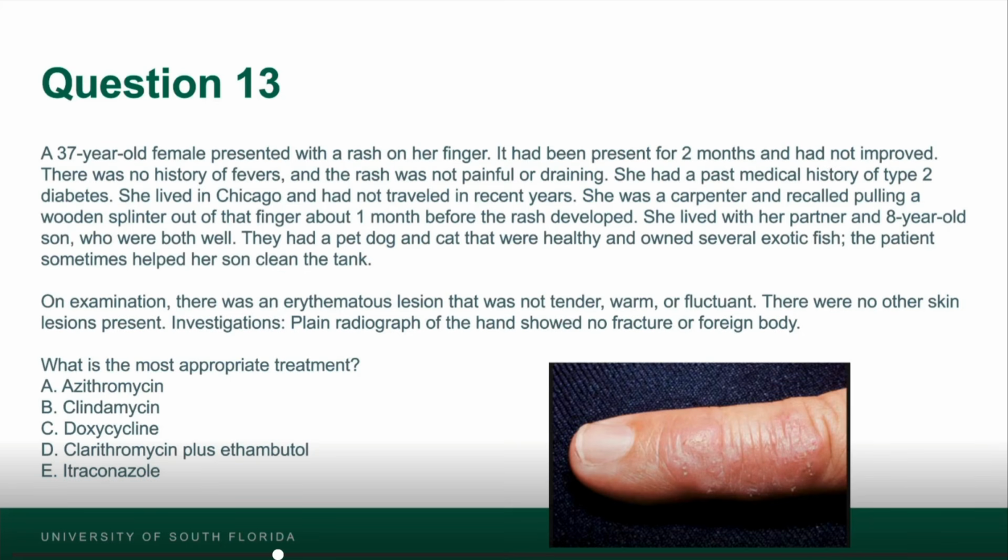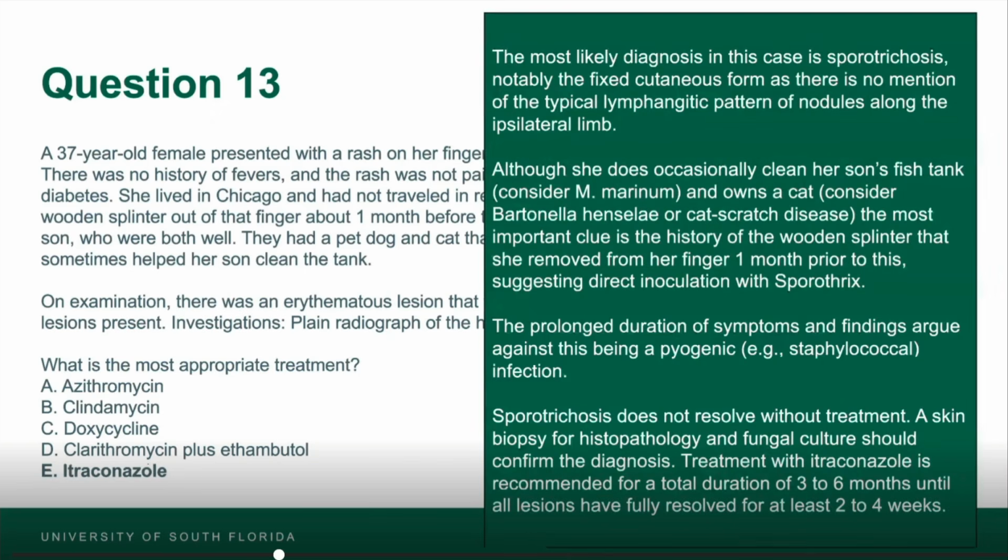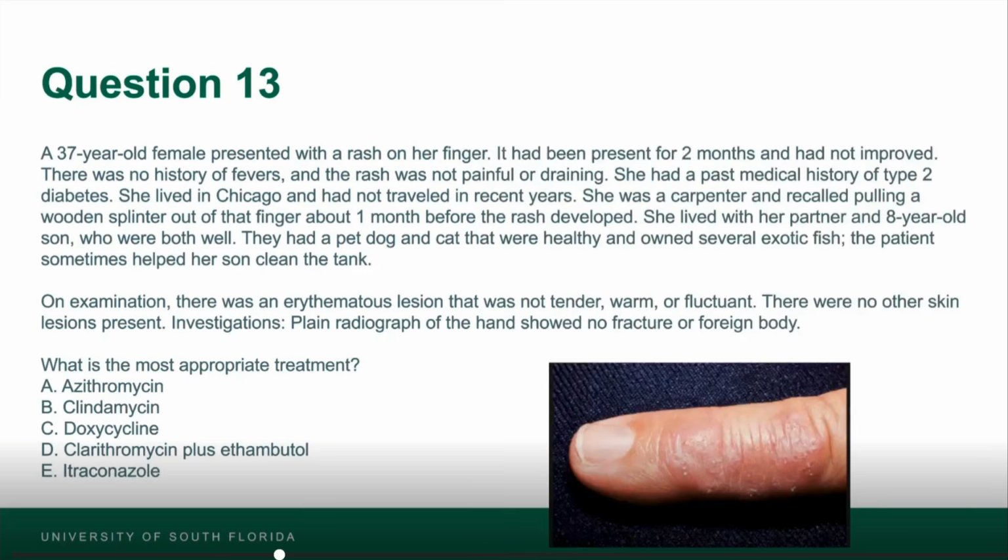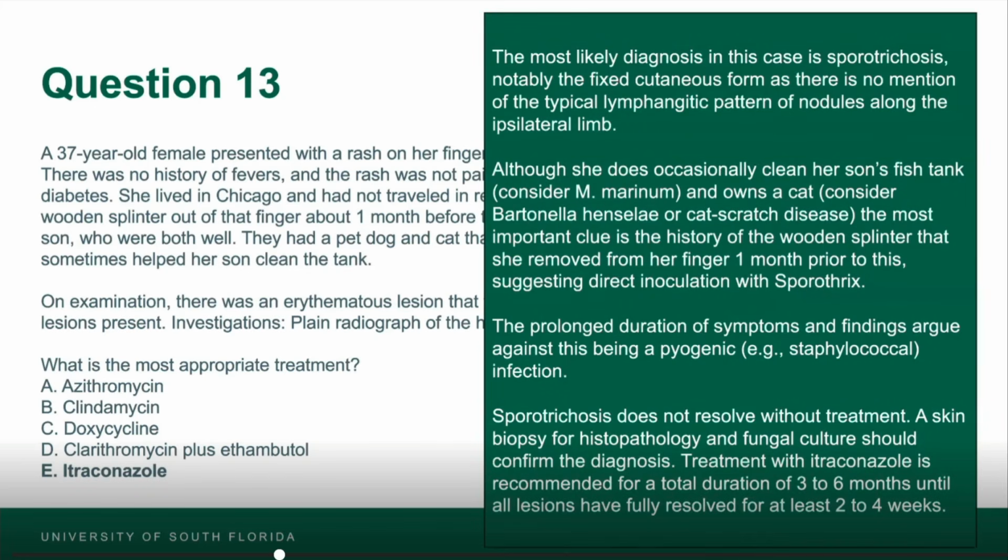What if she started to have spreading lesions up the arm? Does she have an exposure for that one? Wooden splinter, yeah. That's what they're trying to point you to. Oops, sorry, I forgot to ask you guys which one would treat that, but I hope you know out of those categories.